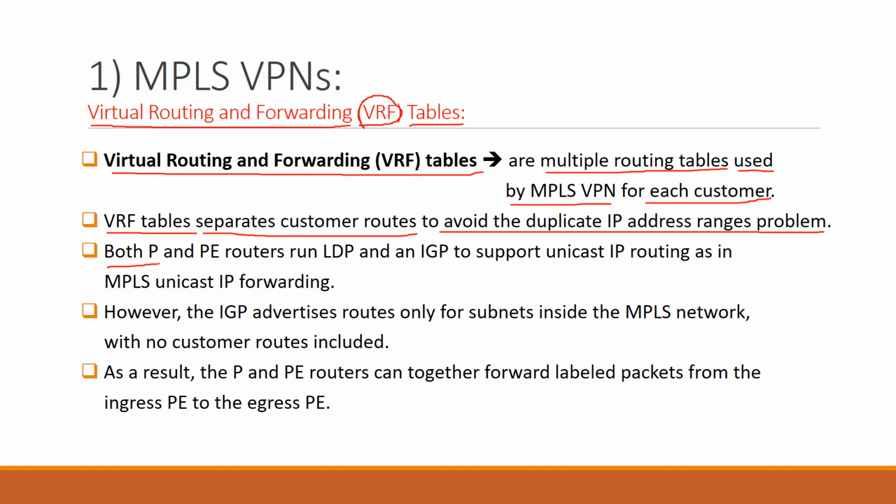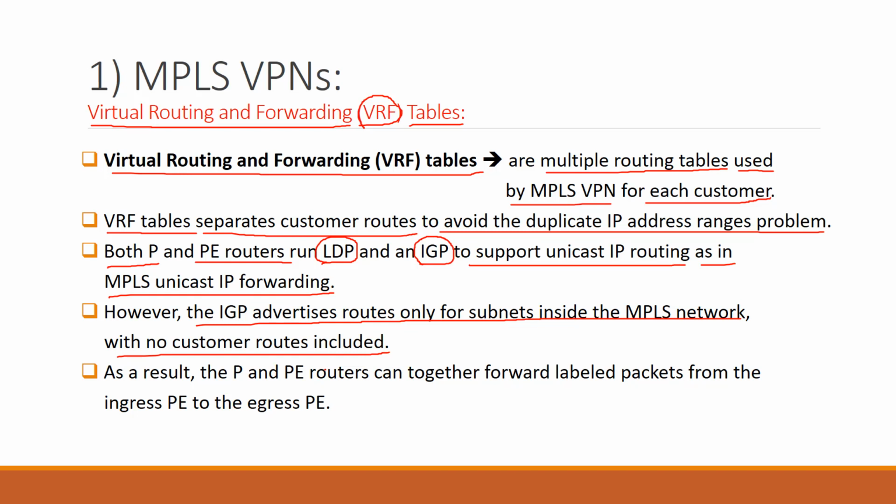Actually, both the provider and provider edge routers run LDP, Label Distribution Protocol, and an IGP, whether it's EIGRP or OSPF, to support unicast IP routing, as in MPLS unicast IP forwarding. We discussed this in the first video, part 1. However, the IGP advertises routes only for subnets inside the MPLS network with no customer routes included.